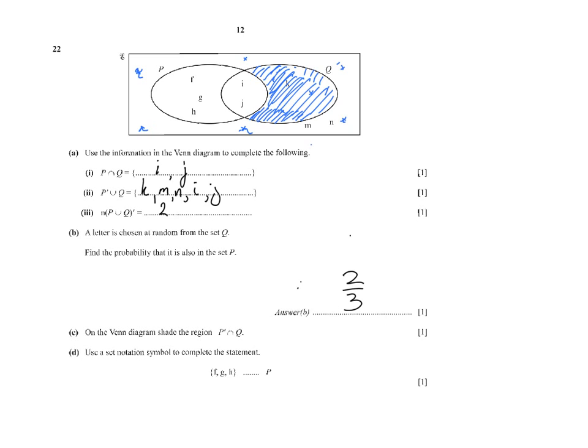Question D. Use a set notation symbol to complete the statement. F, G, H, ... P. Okay, so the elements F, G, and H, and then the set P. Now, what could you do?